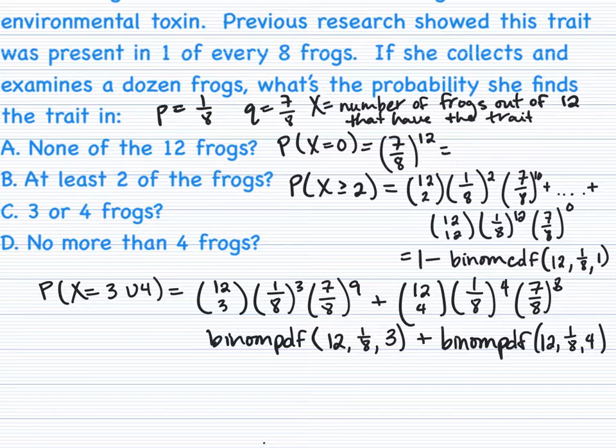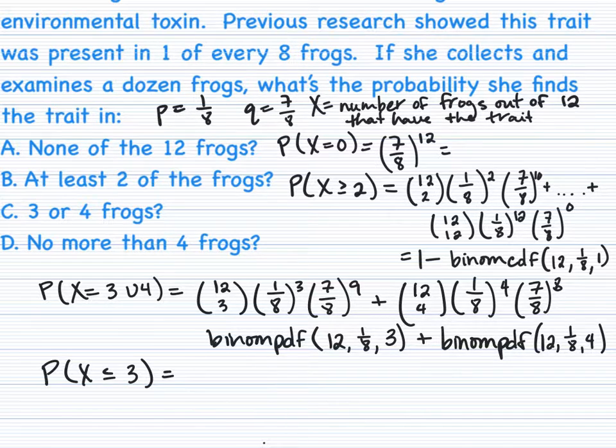Then part D, probability that no more than 4 out of the 12 frogs, so that would mean, sorry, not 12, 3 or fewer. So the probability that x would be less than or equal to 3 is a far more easy calculation, but the notation is obnoxious. So that is 12 choose 0, 12 choose 1, 12 choose 2, 12 choose 3.